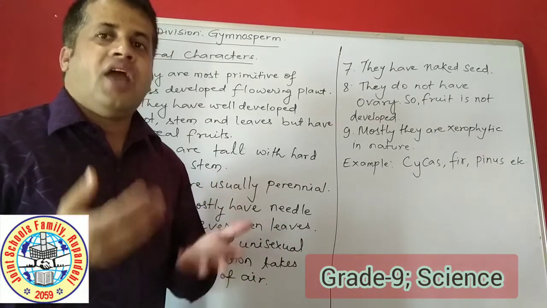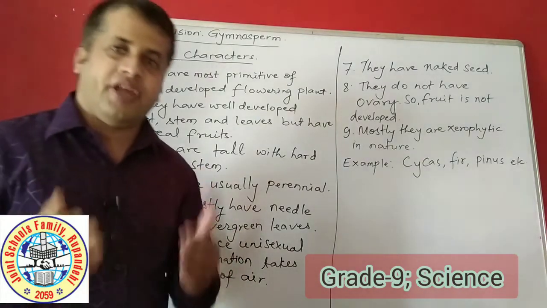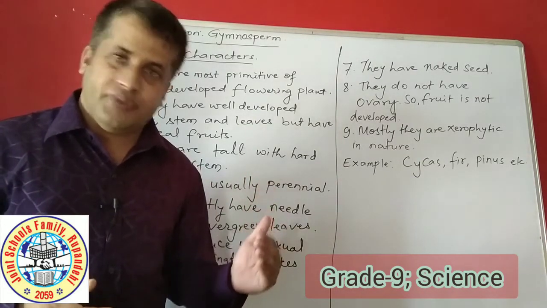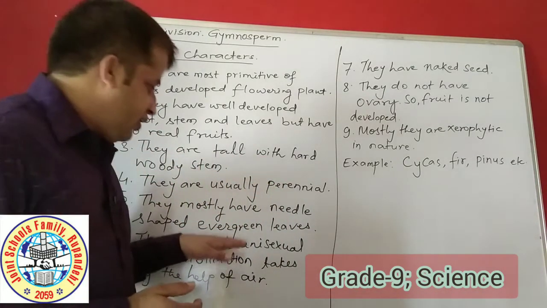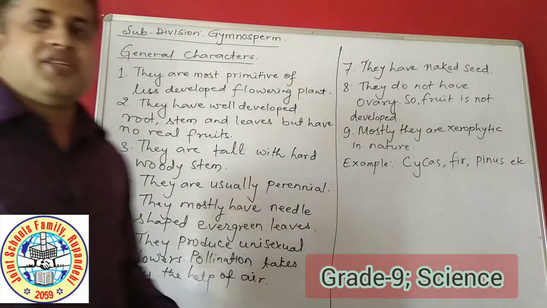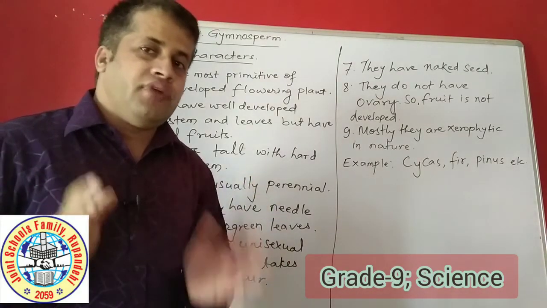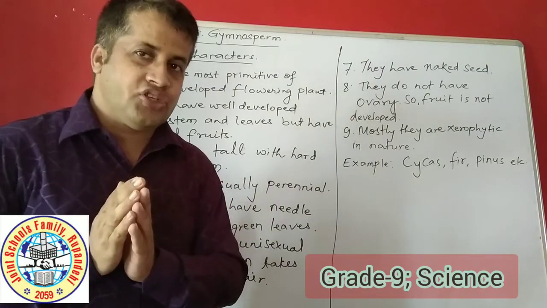If they are surviving in that type of condition, they should be adapted to live. One of the adaptive features is that their leaves are needle shaped so that they will prevent the loss of water through transpiration.